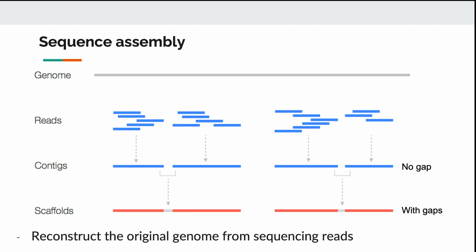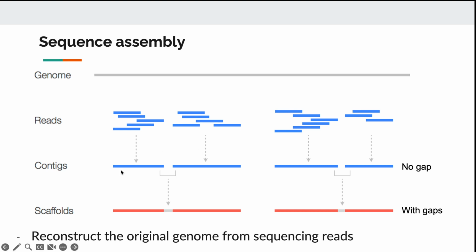So if we can group the reads together and see that some of them have overlapping sequence, like in the diagram here, we can tell that they might belong to the same continuous genomic fragment. Then we can assemble them together into a contig.